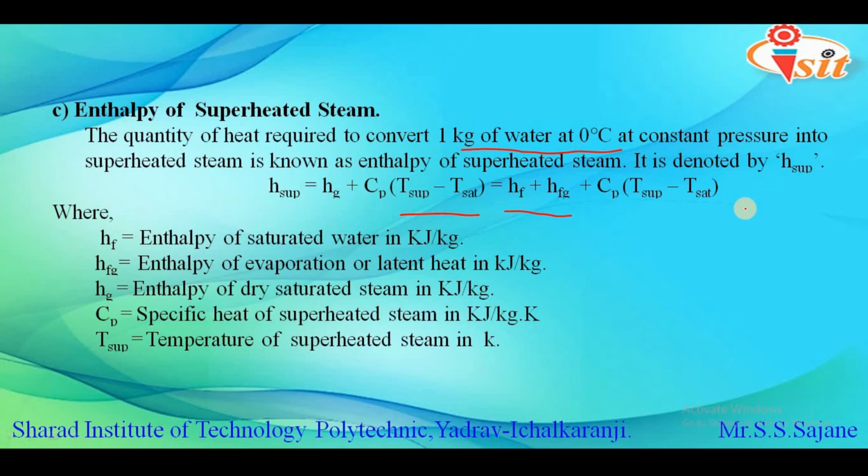Hg is the enthalpy of dry saturated steam in kilojoule per kg, and Cp is the specific heat of superheated steam in kilojoule per kg Kelvin, and Tsup is the temperature of superheated steam in Kelvin, and Tsat is the temperature of saturated steam in Kelvin. So this was regarding the first property of steam, that is enthalpy, which we can calculate for various conditions of steam.